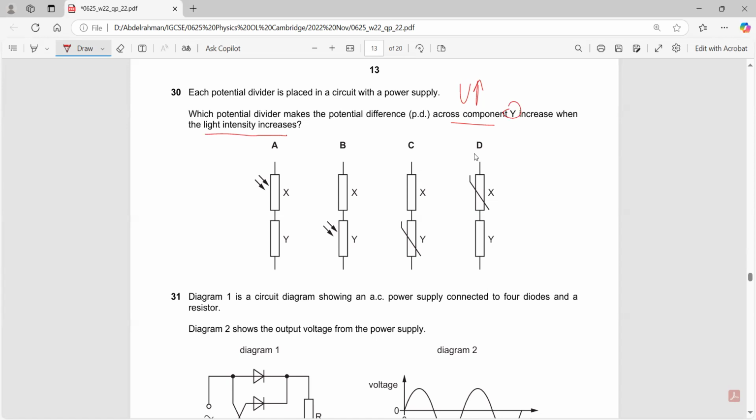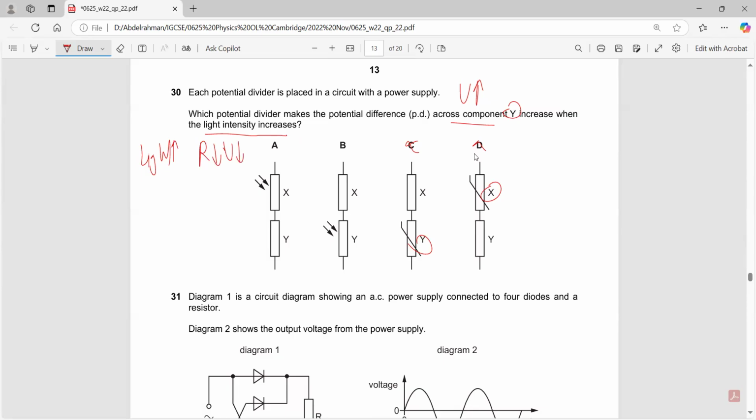So basically, you want an LDR, a light dependent resistor. So I'll cancel out C and D because these are thermistors. If the light increases, what happens? The resistance decreases and the voltage decreases.